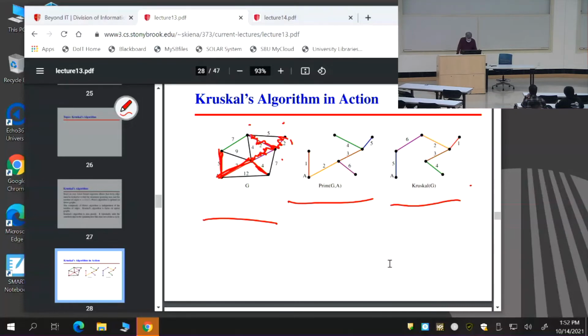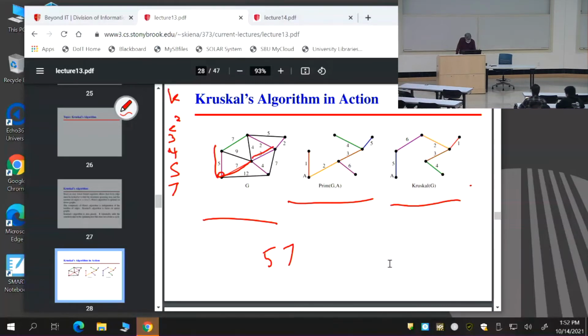If I take a look at this one, what's the cost of this one? I did a bad job adding it up last class, but I believe that that's 2, 2, 3, 4, 5, 7. That was Kruskal. And with Prim's algorithm, we started here. Grow, that was 5. Grow, that was 7.